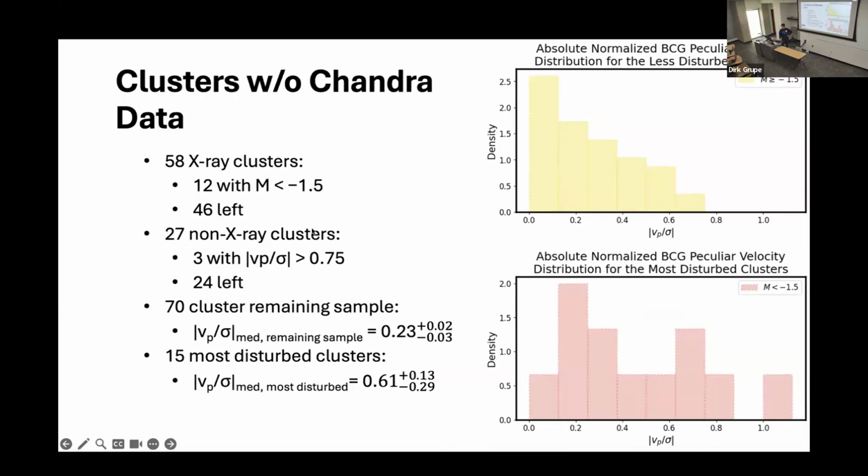Instead, we just apply this cut, assuming that objects with a normalized BCG peculiar velocity magnitude greater than 0.75 are disturbed. And we can see that these two subsets of clusters are distinctly different, even when accounting for sample variance, which for the relatively small most disturbed clusters is quite large.